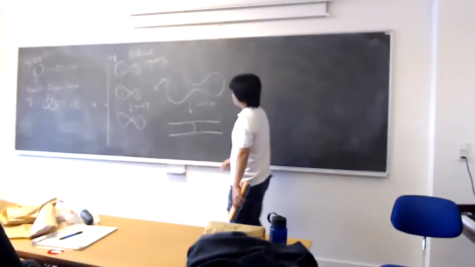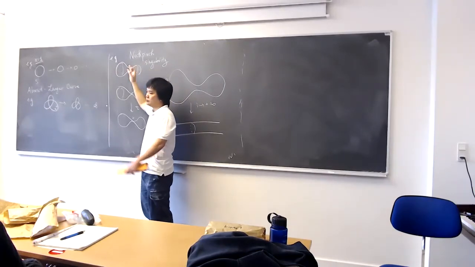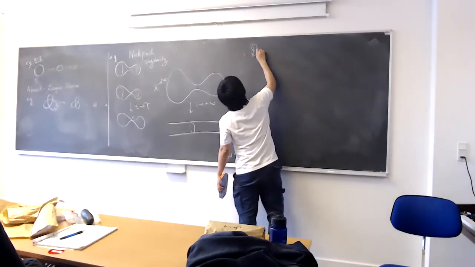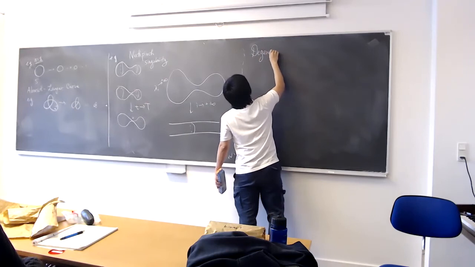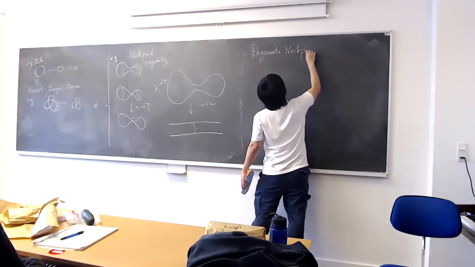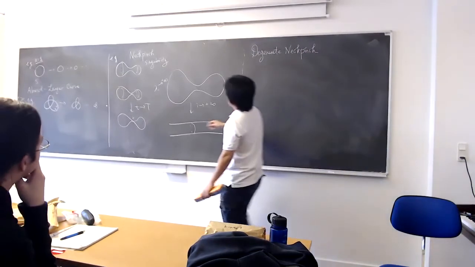And there are some parameters. I can choose this to be bigger and this to be smaller, and so forth. But that's a degenerate critical one, which shows you why we have to study all the ancient solutions.